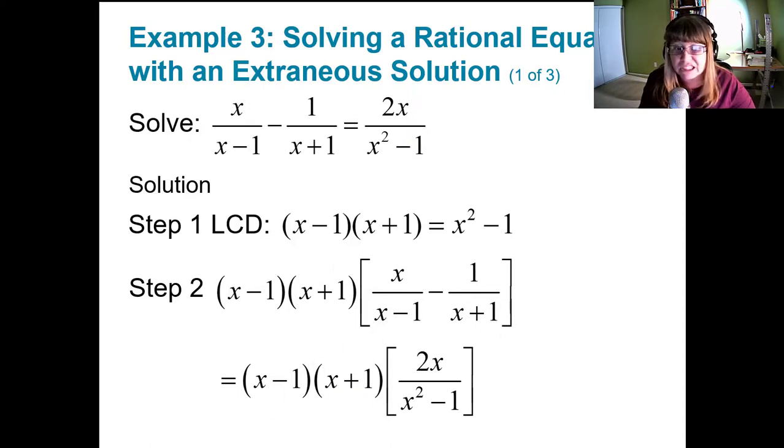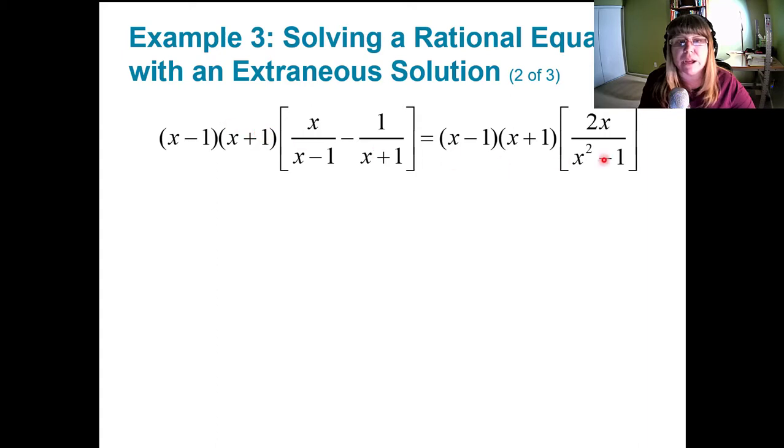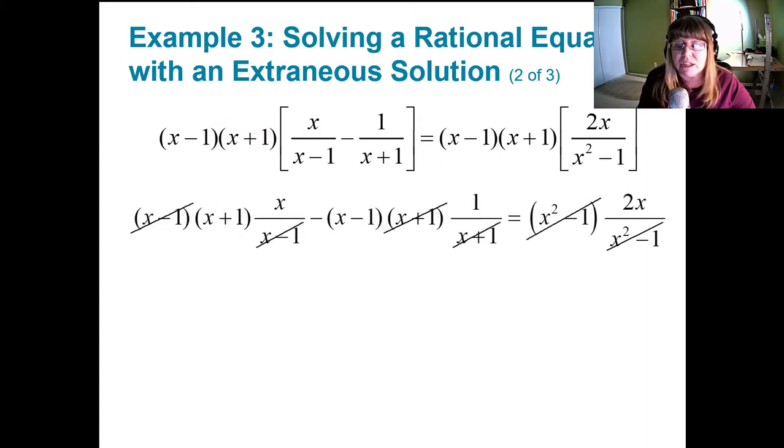So imagine this is one big long equation. Here we go. After we distribute, there is a lot of cancellation, which is great. We end up with a less complex problem. That was our goal, get rid of the complexity. For the first term, this x minus 1 and this x minus 1 will cancel out, leaving us x times x plus 1.